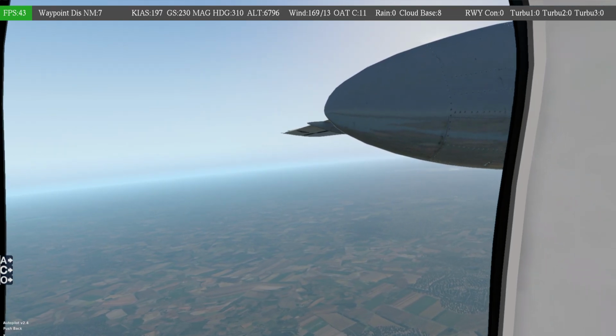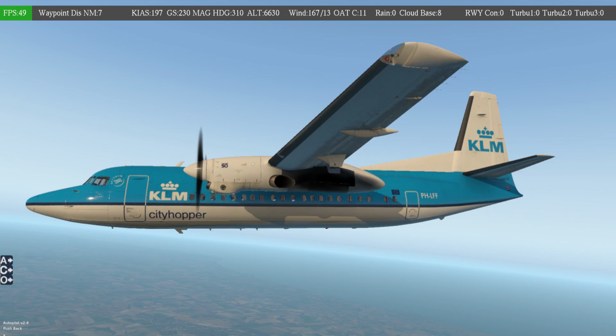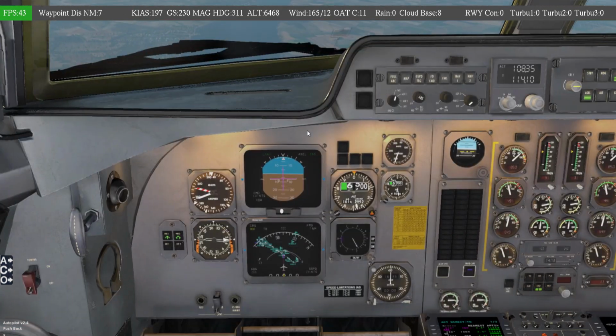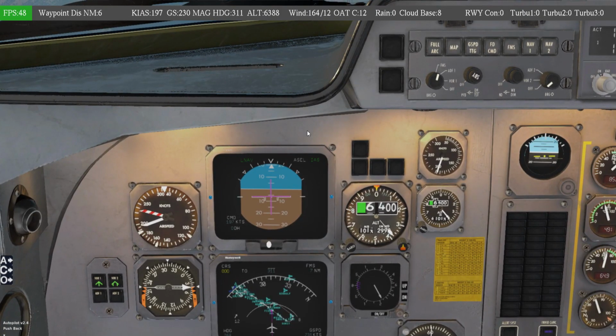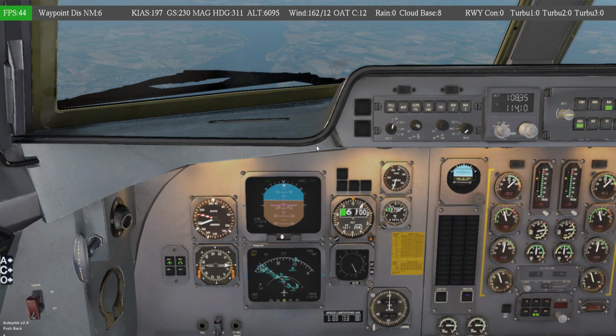So we don't have the problems with rain or thunder or anything like that right now. But let's see how it all goes. Probably in some hours it would change.